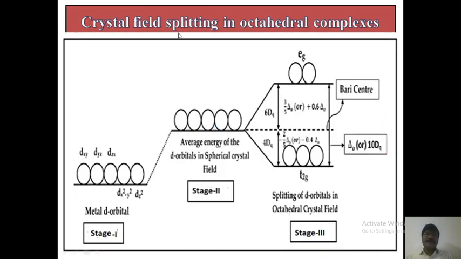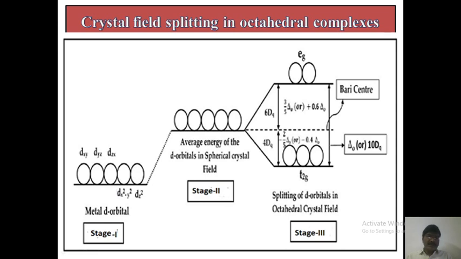Next, come to crystal field splitting in an octahedral complex, as observed in this diagram. First write the degenerate orbitals: dxy, dyz, dzx, dx square y square, dz square. In stage 1 they are in the ground state.